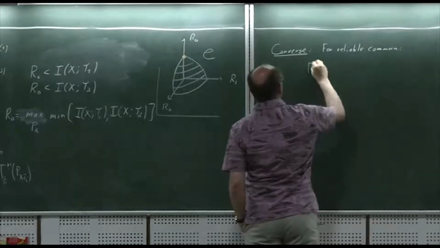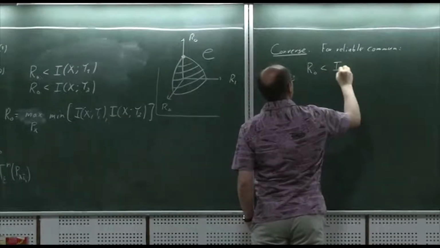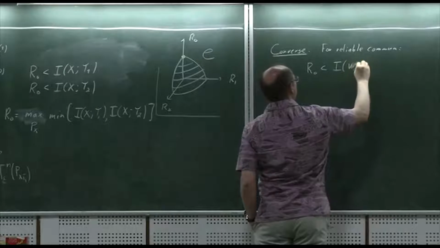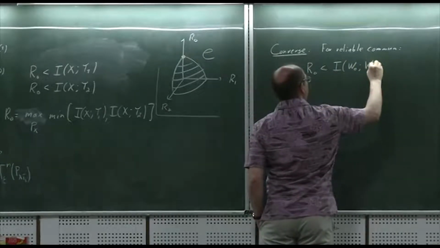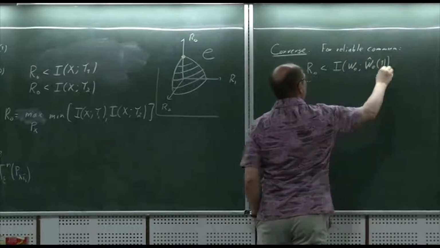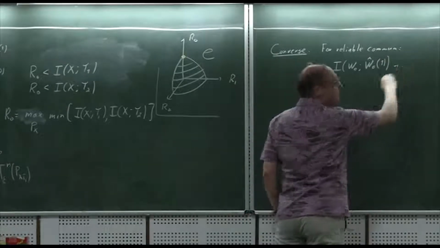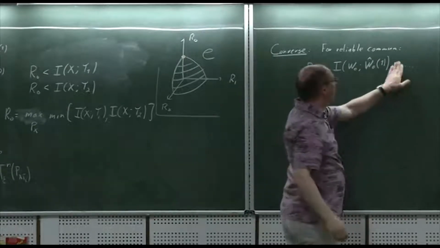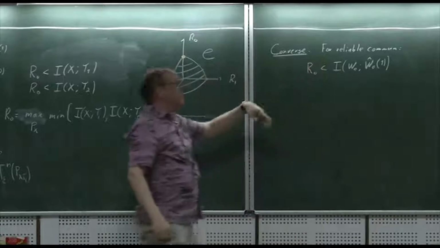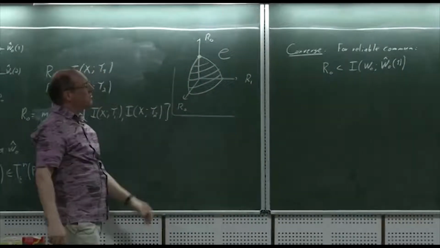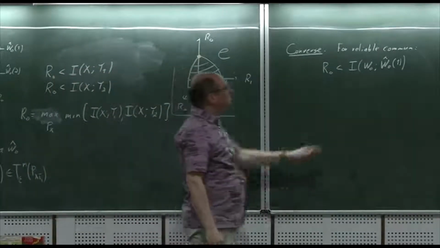We have R0 less than I(W0; W0 hat 1) plus the Fano terms, but I'd like to throw that out, since Fano's inequality makes that all just go to 0, so I like to start with the end-to-end mutual information.